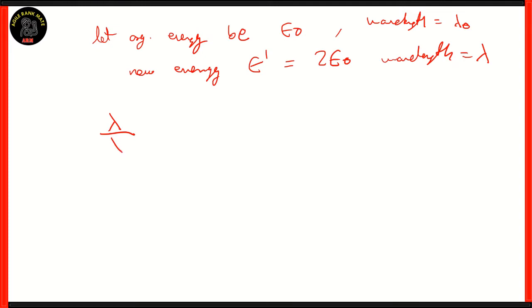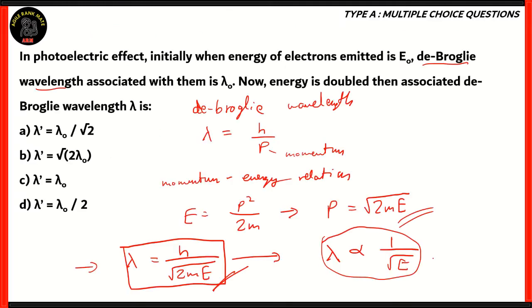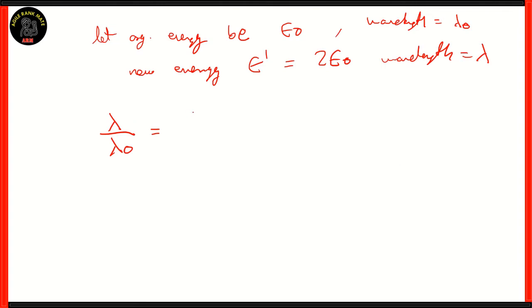So when we divide lambda by lambda naught, we use the relation 1 by under root of E on the right-hand side. So for lambda, it'll be 1 by under root of E, and then in the denominator, it'll be 1 by under root of E naught. So what we have is a reciprocal.